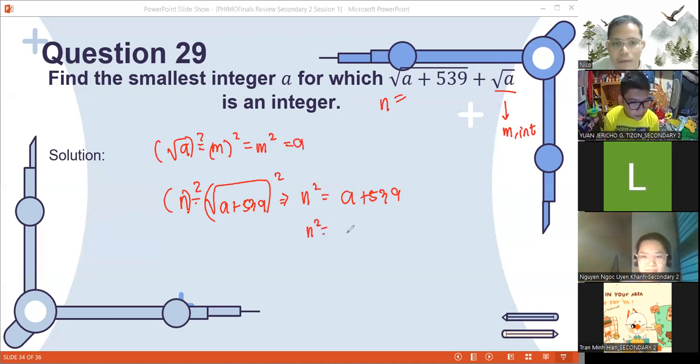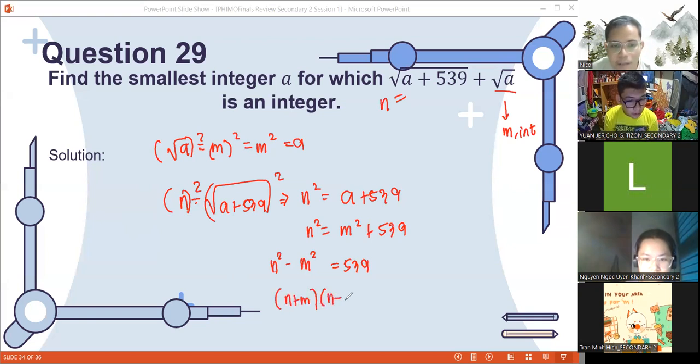So n squared minus m squared is equal to 539. Now you just need to take the factors of 539. This is n plus m and n minus m. So what are two factors of 539?